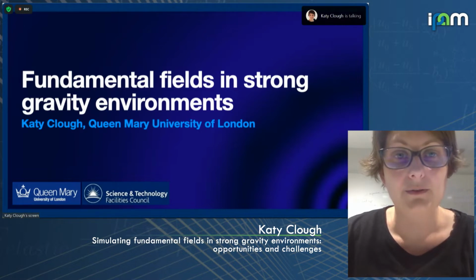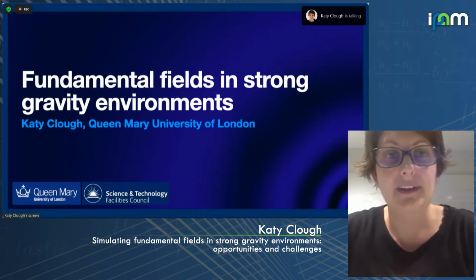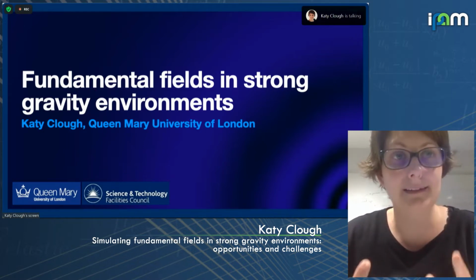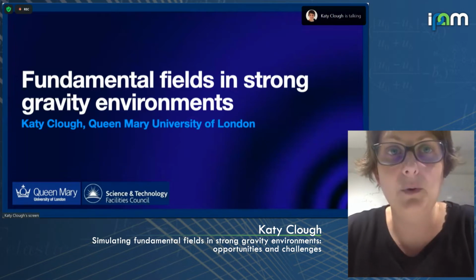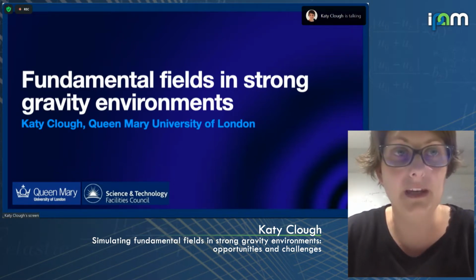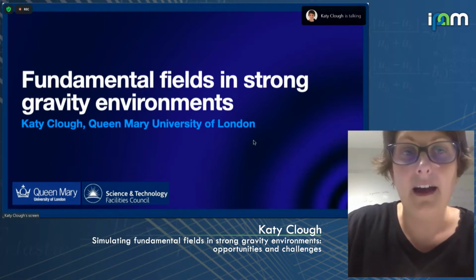And so, like in those talks, it's not so much that the models that I'm going to talk about are really something we think definitely exists. It's more that they're kind of toy models to try and probe what new physics might actually look like in strong gravity environments. So you should take it in that vein.